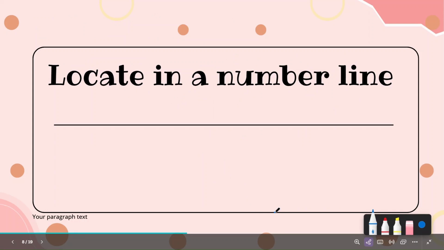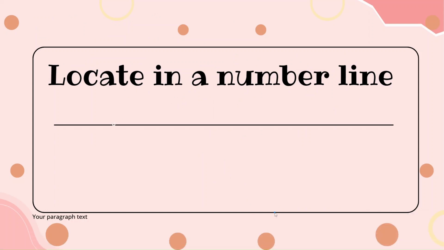Look at that number on a number line. Think this is the number line, this is minus infinity and this is plus infinity. Somewhere here 0 is there, here somewhere 1 is there, here somewhere 2 is there, and that number is 1.4. 1.4 means 0.4 from 1 to 2.